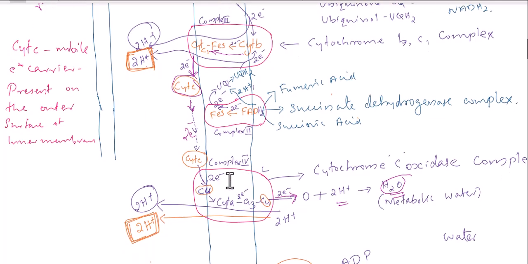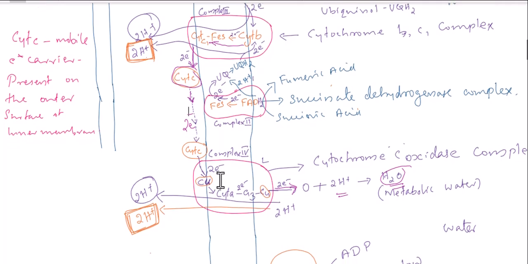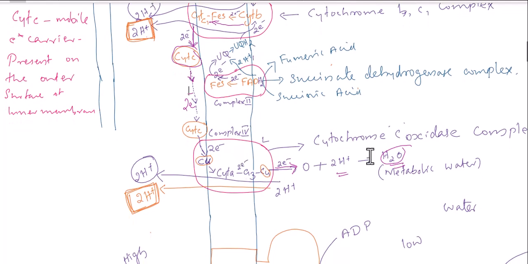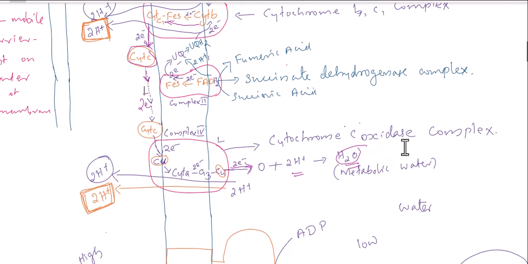Cytochrome C donates that electron to complex 4, which we otherwise name the cytochrome C oxidase complex. Inside complex 4 there are two members, cytochrome A and A3.